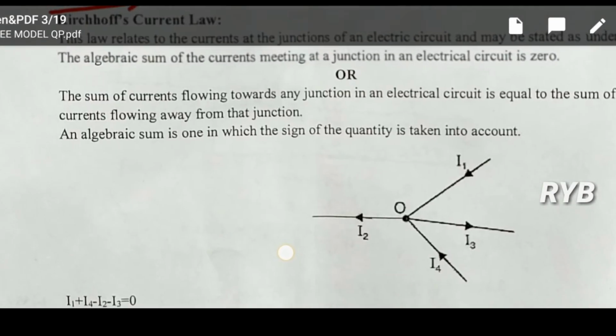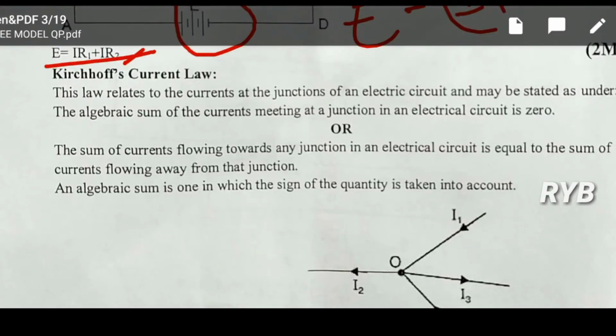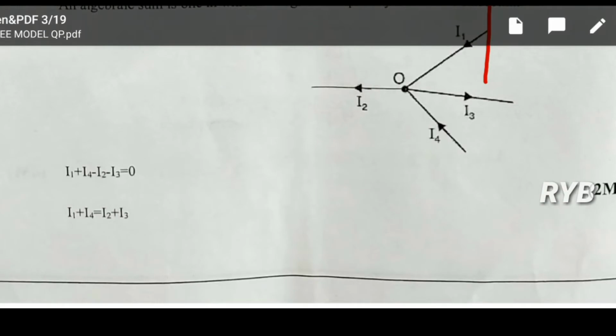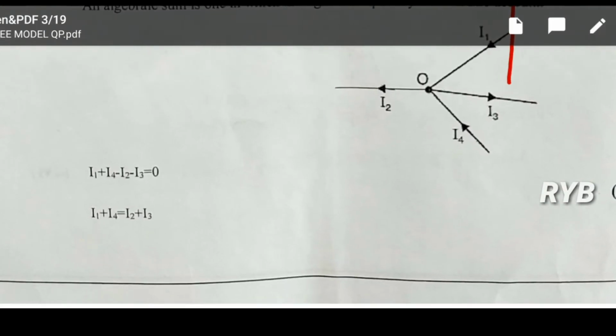First we have to know the current relation at a junction of any electrical circuit: the sum of incoming currents equals the sum of outgoing currents. The same we have written here: I1 plus I4 are the incoming currents.